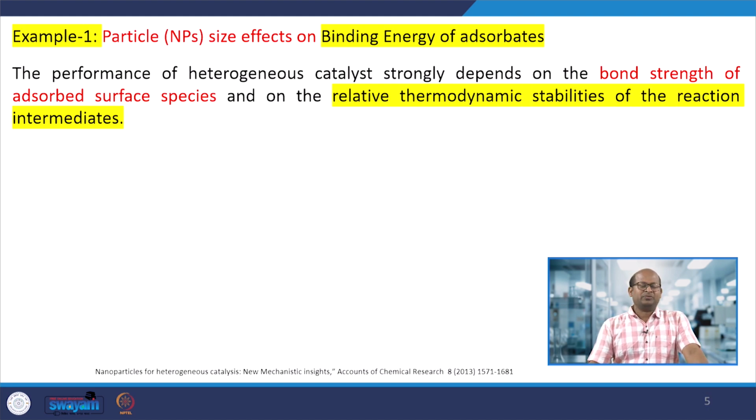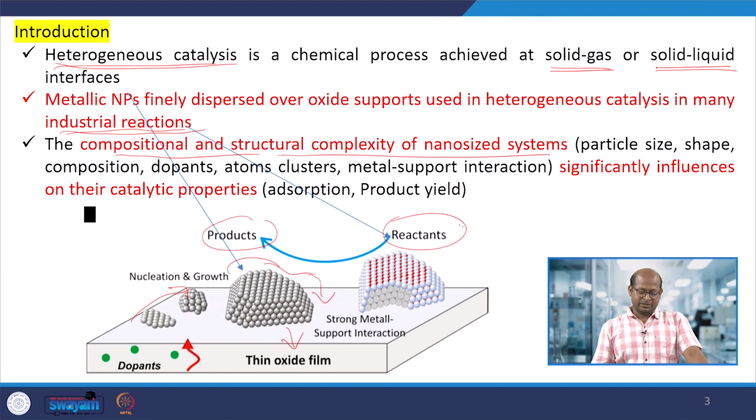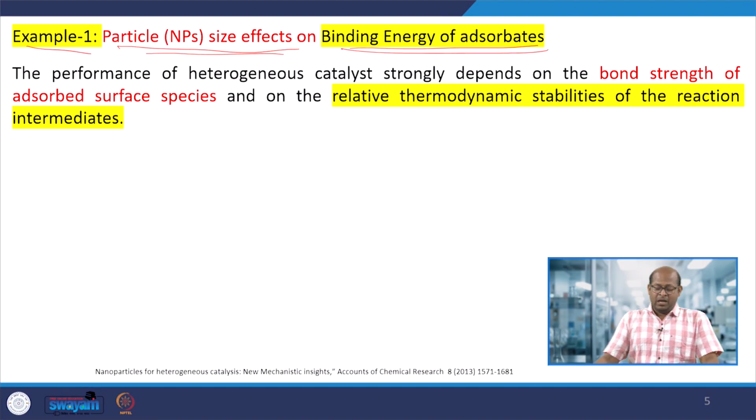Now, the first example we will discuss is the nanoparticle size effect on binding energy of adsorbents. The reactants we consider, whatever they are, any hydrocarbons or any compounds, come over the surface of the nanomaterial where active sites are present, and there they get adsorbed.